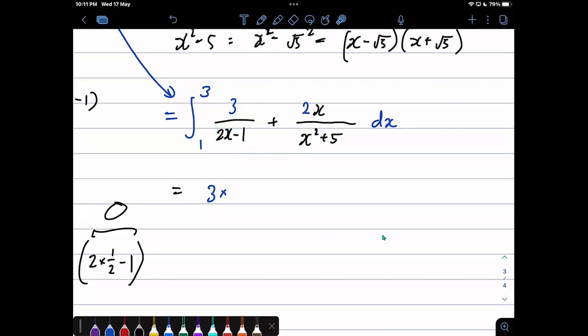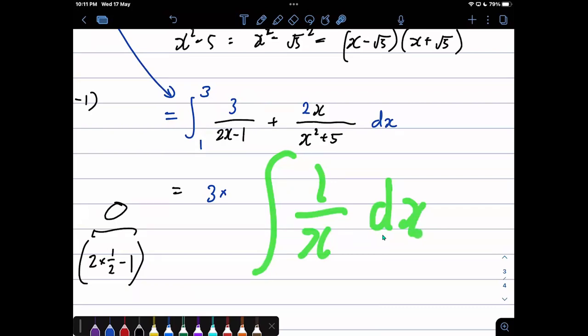Just now we dealt with e power x already. What's a close friend of e power x? 1 over linear. 1 over x.